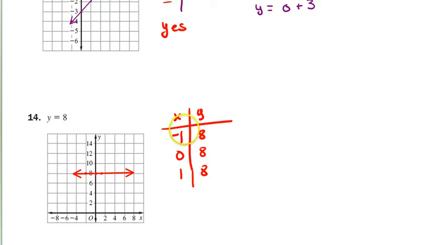Now, for each of my inputs, do I have exactly one output? Yes. Negative 1 will always be 8, 0 will always be 8, and 1 will always be 8. I don't have 2 points that pass through a vertical line on my graph, so yes, this is a function.